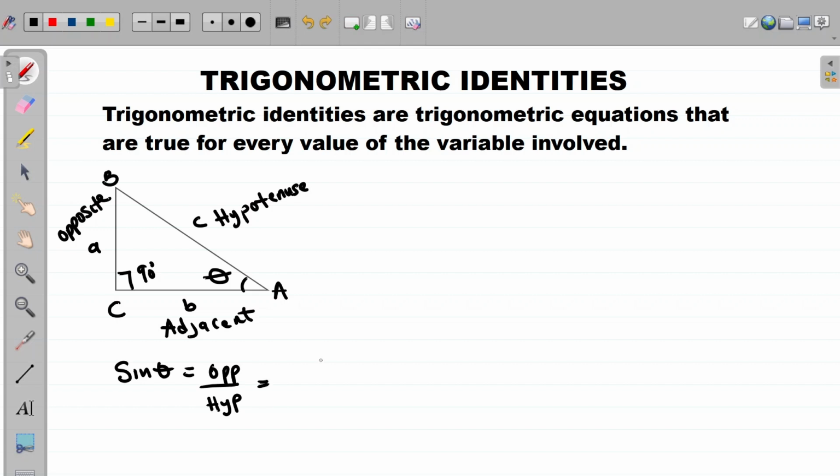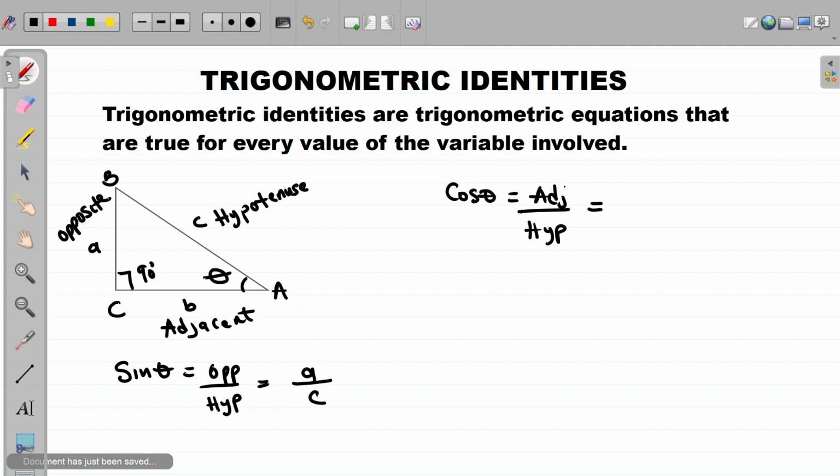From the figure, our opposite side is A and our hypotenuse side is C. Also, cos theta is adjacent divided by hypotenuse. From our figure, our adjacent side is given as B and our hypotenuse side is given as C.